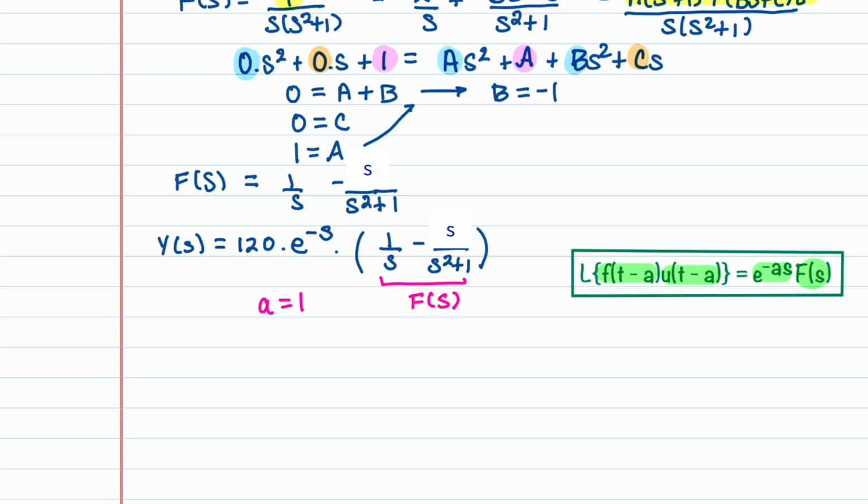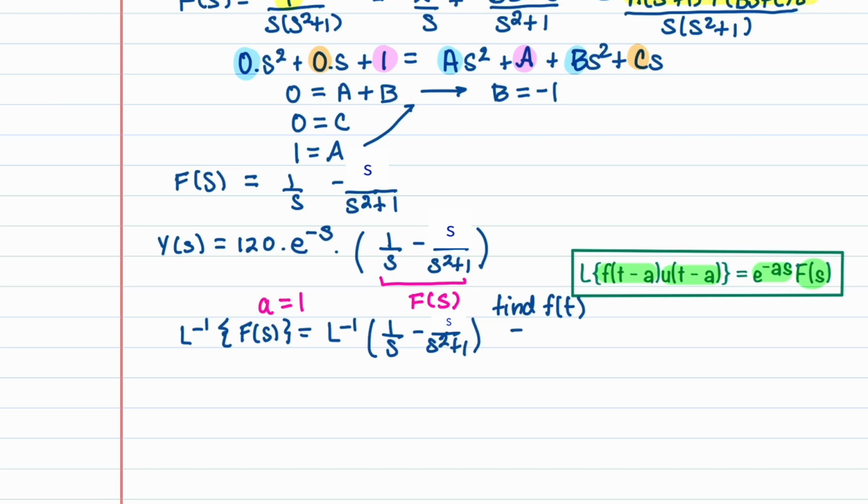So the first thing we need to do is find little f of t, and then we can shift it. The inverse Laplace transform of capital F of s is the inverse Laplace transform of 1 over s minus s over s squared plus 1.